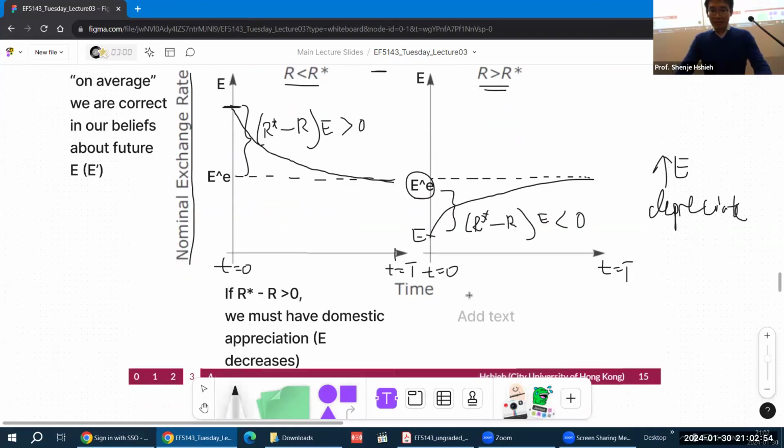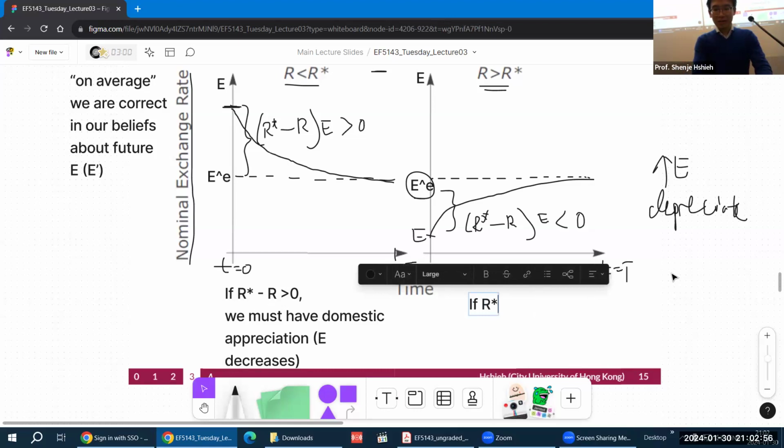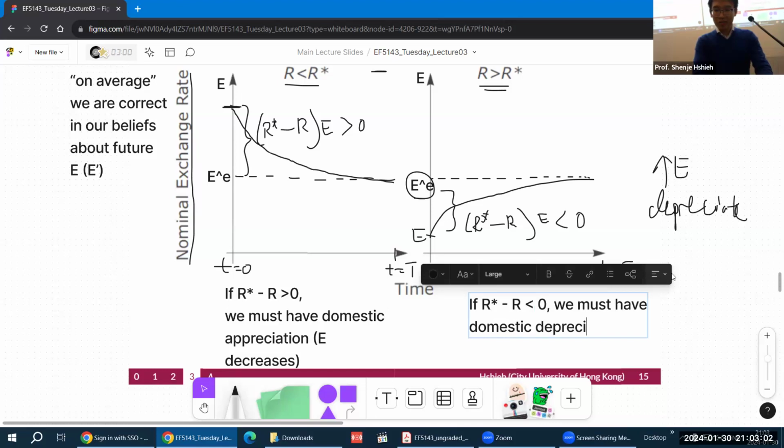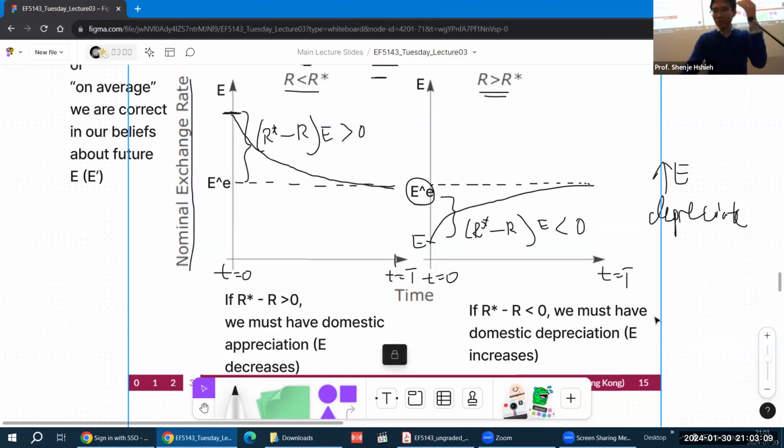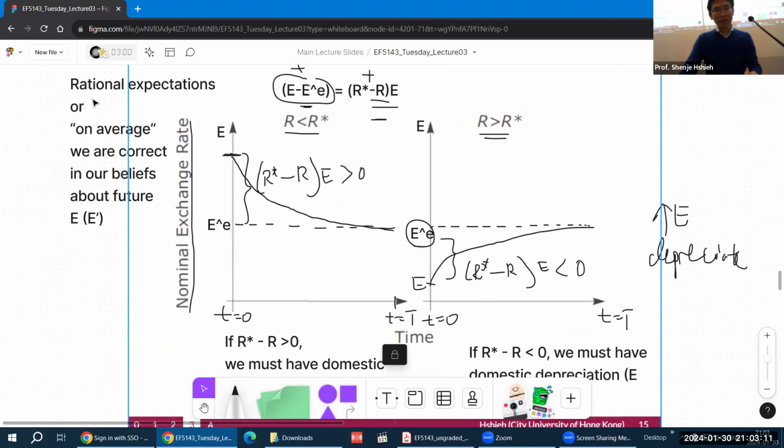All right, so let me write that down. If R star minus R is negative, we must have domestic depreciation. E increases. And again, the way it works is because on average, we are correct about our beliefs. If markets are efficient, then we have rational expectations, meaning we're pretty good at forecasting. That's what it means.